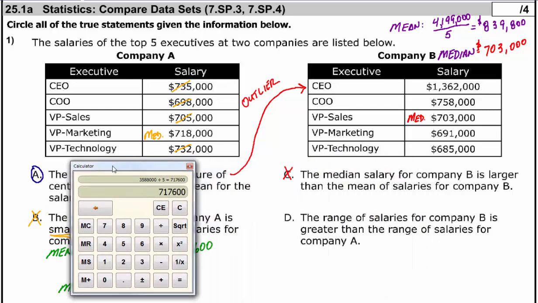All right, one more, the range. The way that we calculate a range: the range for Company A is the largest salary for Company A. We looked through here, and the largest salary was $735,000 minus the smallest salary for this company, $698,000.